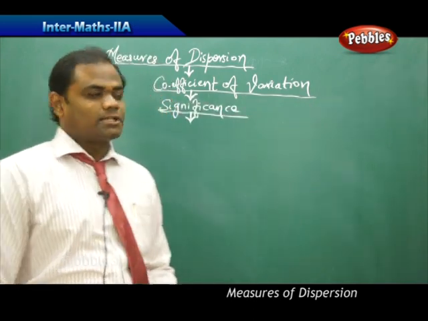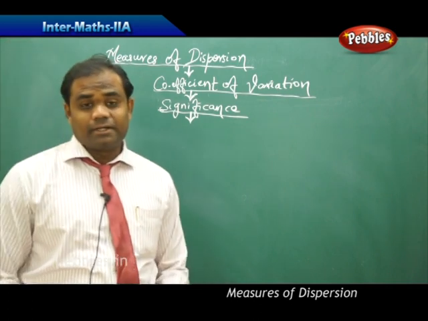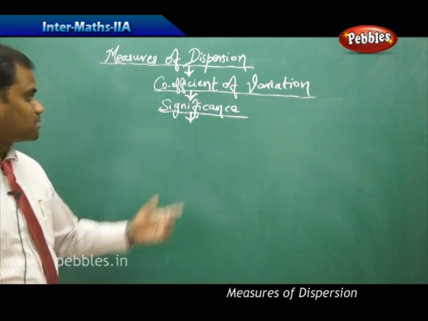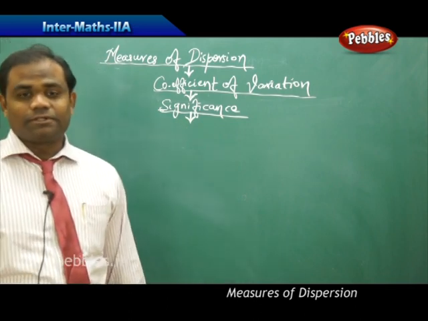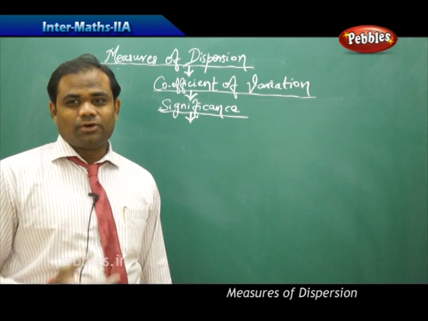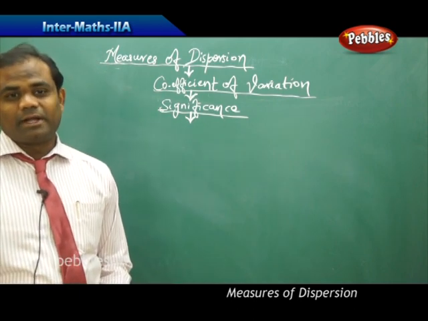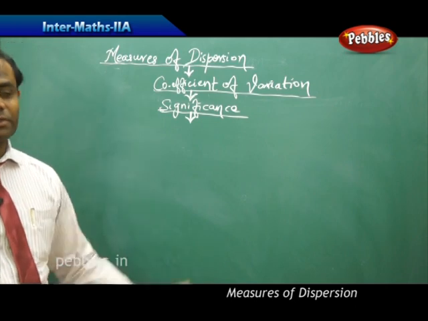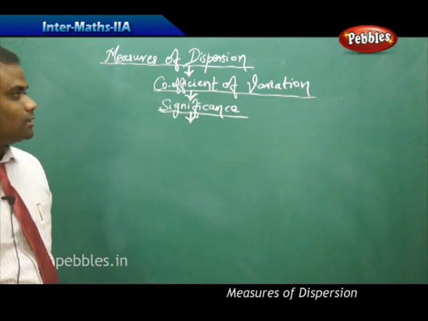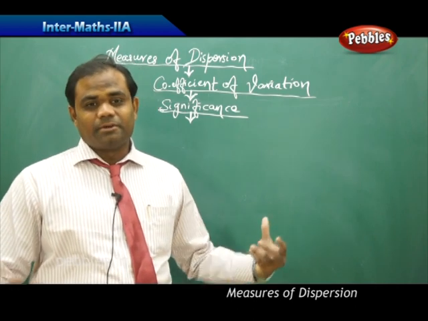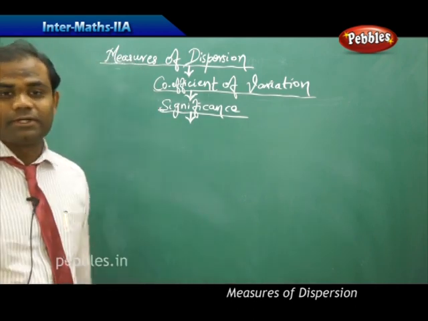Now that we have discussed the coefficient of variation and its formula using the standard deviation and mean, now comes the significance of coefficient of variation. Where is the coefficient of variation useful in statistics is the biggest question here. Mostly the coefficient of variation helps us in comparing two distributions or two series or more than two series.